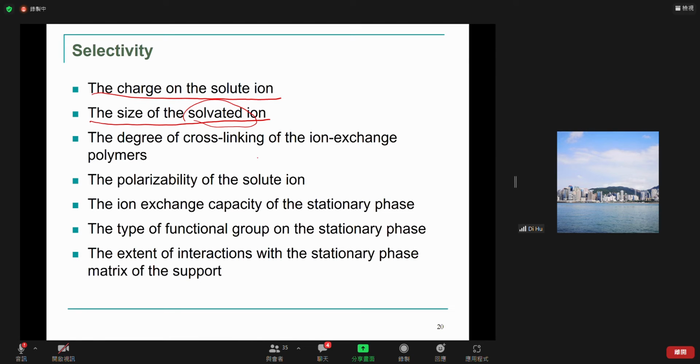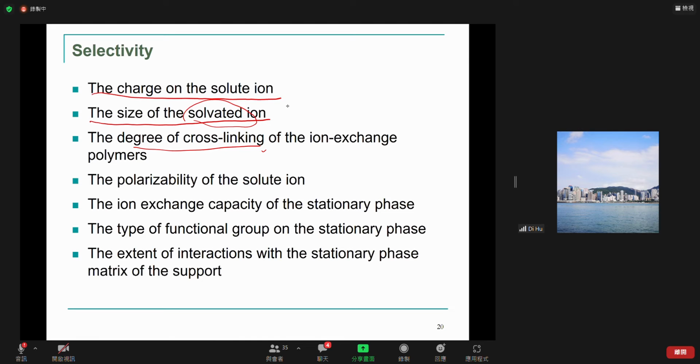So with a very high degree of cross-linkage, that may cause some unwanted ion exclusion effect for those large ions. So you have to think about this.